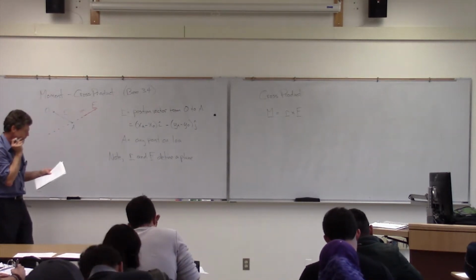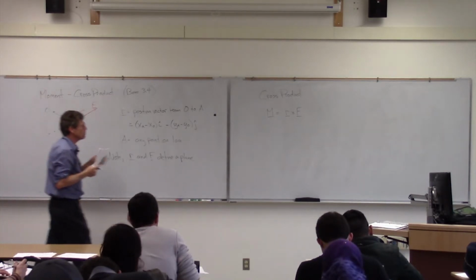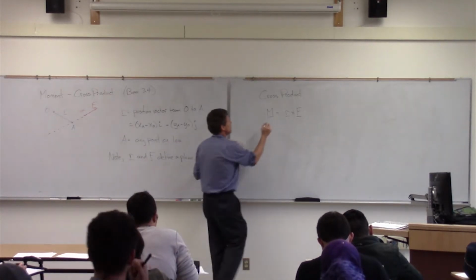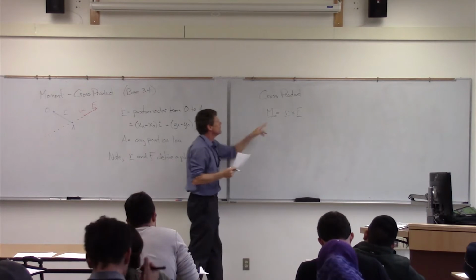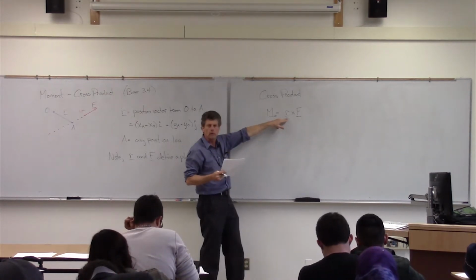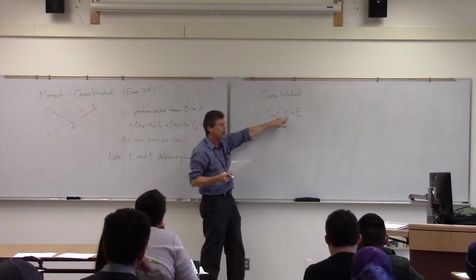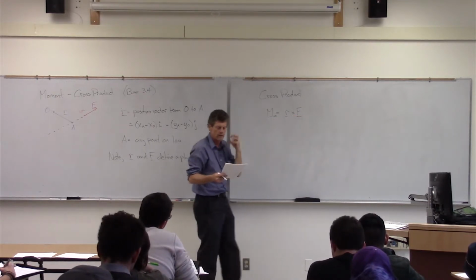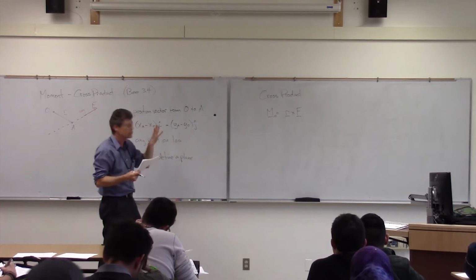So let's take a look at this. Moment at O, a vector, is going to be equal to the cross product of R crossed into F.